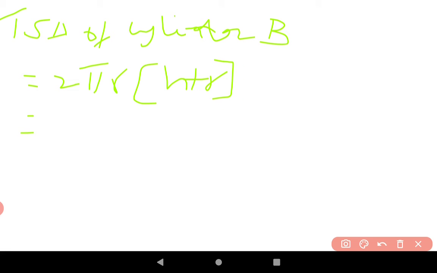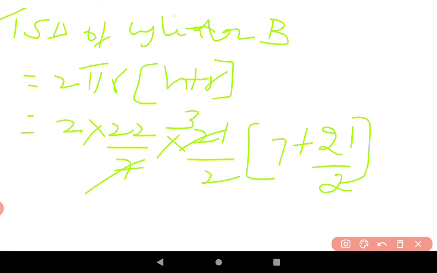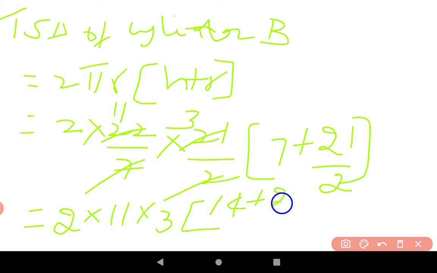So here the measurements differ. 2 into 22 by 7 into radius is 21 by 2 and height 7 plus 21 by 2, right? So this is the measurement here. So we can do 7 3s are 21, 2 11s are 22. So what is the remaining? We got 2 into 11 into 3, and here cross multiply 14 plus 21 divided by 2.